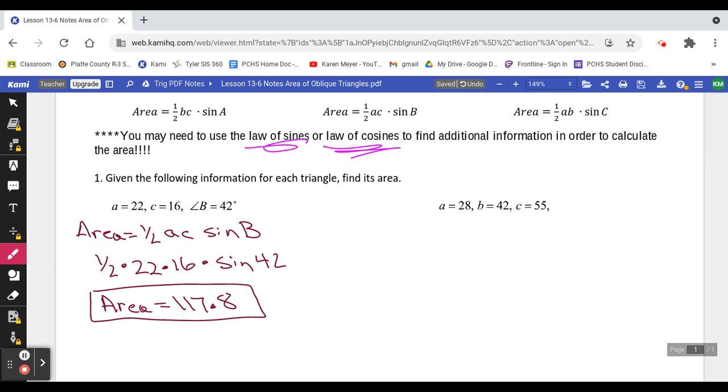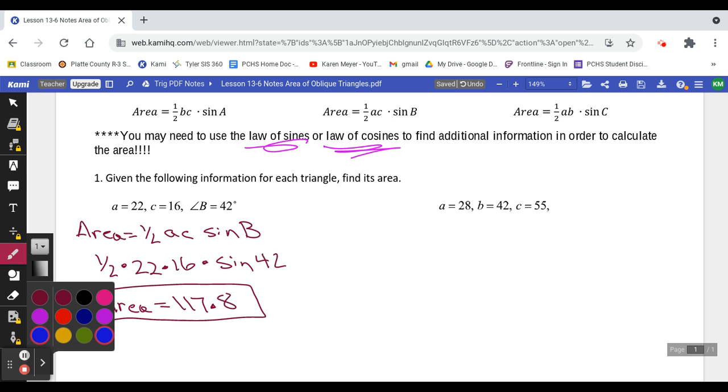Okay, let's look at the next one. Over here, I got a problem. I don't know any of the angles. All I know are sides. So I can't use my area formula yet because I have to at least know one angle.